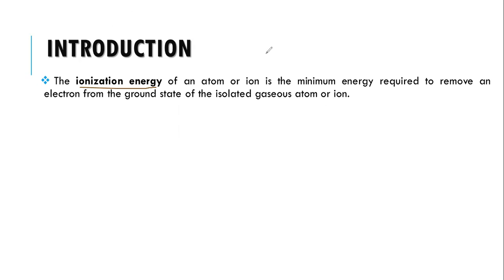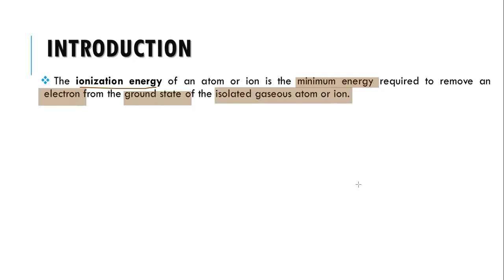The word is very important, guys. It is the minimum energy which is required to remove an electron from the ground state of an isolated gaseous atom or ion. This is what we are talking about.